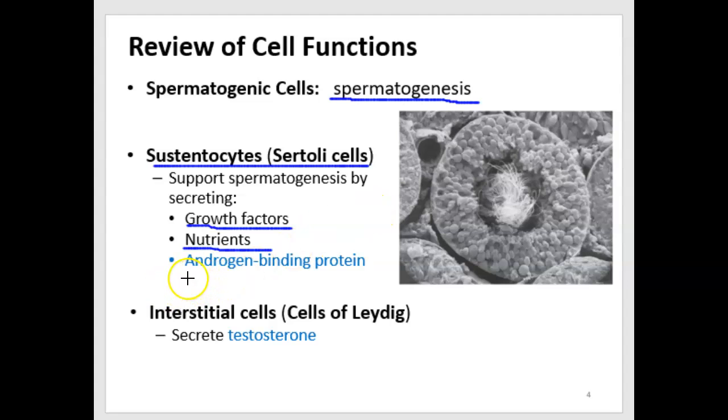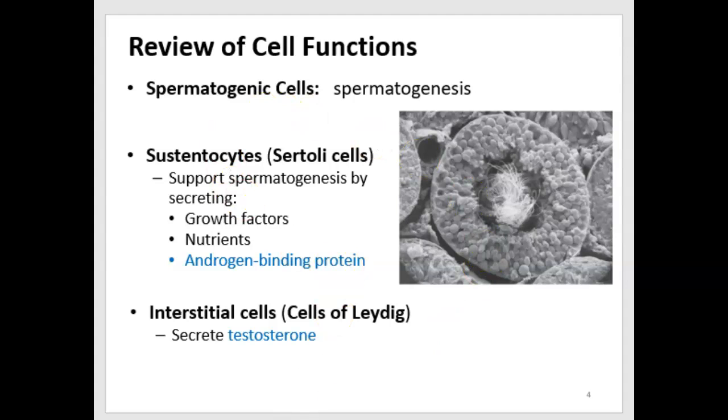And then finally, those cells make something called androgen binding protein. It does just what it says. It binds up androgen, and the androgen that's prevalent in the testes is testosterone. The cells that make the testosterone are these interstitial cells.